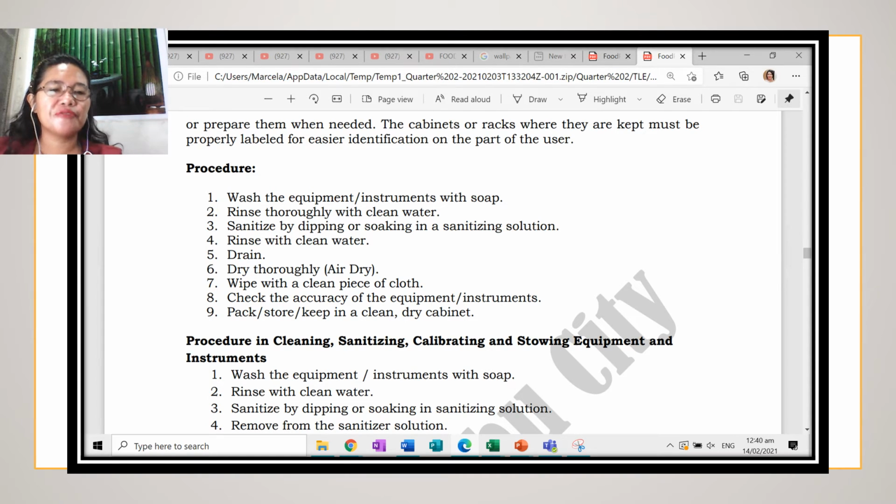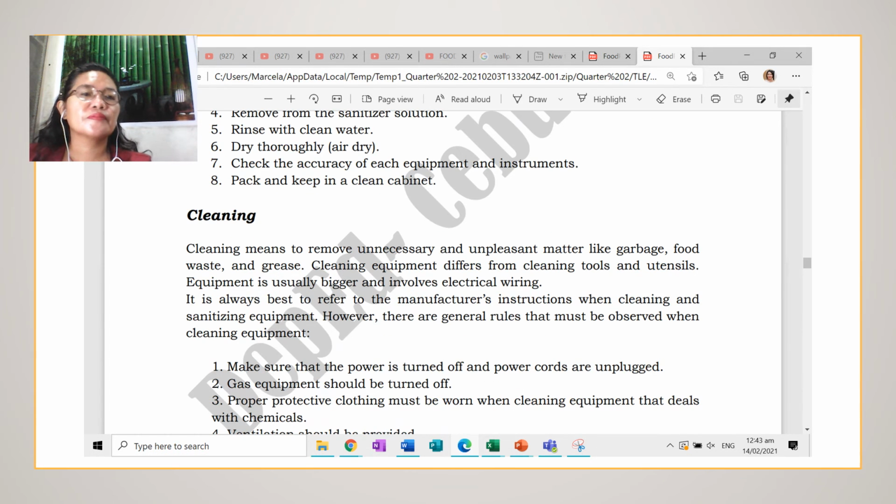Then remove from the sanitizer solution. Next, rinse with clean water. Then dry thoroughly, air dry. Then check the accuracy of each equipment and instrument. Then, number 8, pack and keep in a clean cabinet.